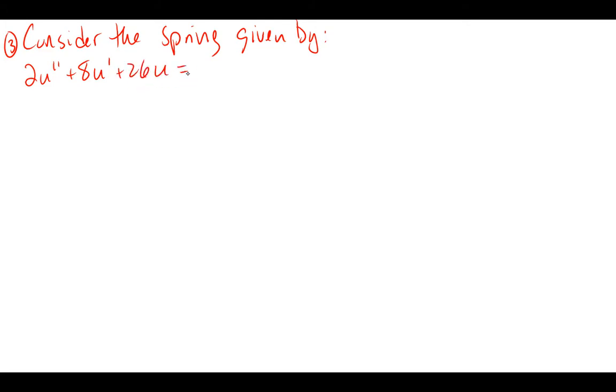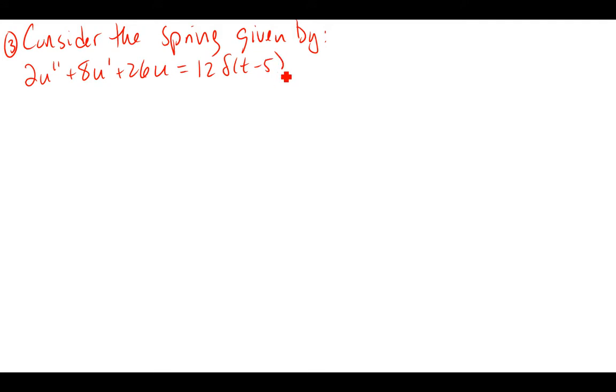So consider the spring given by. So we'll use the same ODE so I can save a little bit of time on solving this. So let me copy it down though. So this is the ODE, and we'll even stick with the same impulse.